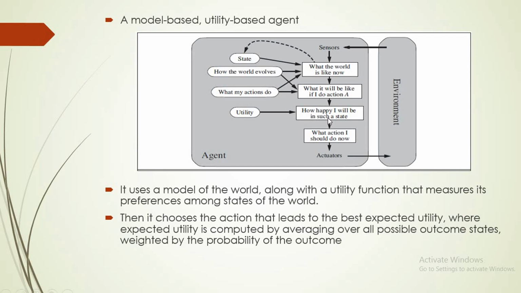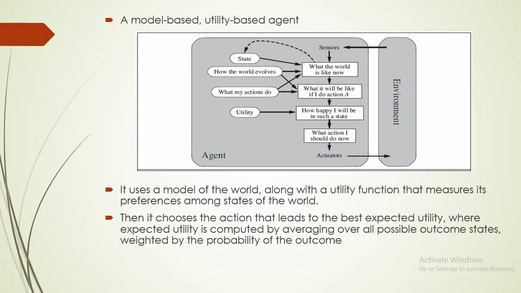So these are additions to the utility-based agents. We have the other things from before: the state, how the world evolves, what my actions do, and the utility. All these are the information that will be used in decision making. So the utility is the function that will try to maximize the performance.